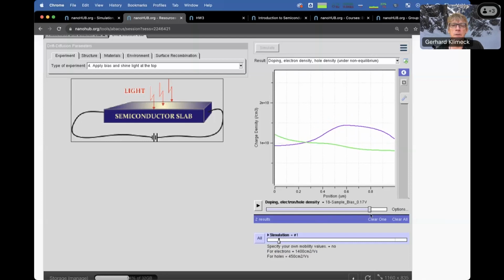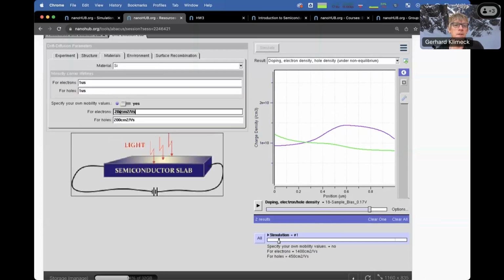And I just had an idea, one could do one more play here and look at what happens. Let me go in here, materials, go back to 1450, 1400, right? No, and maybe 450 here.